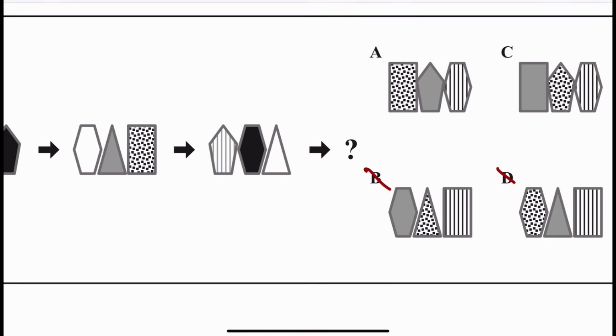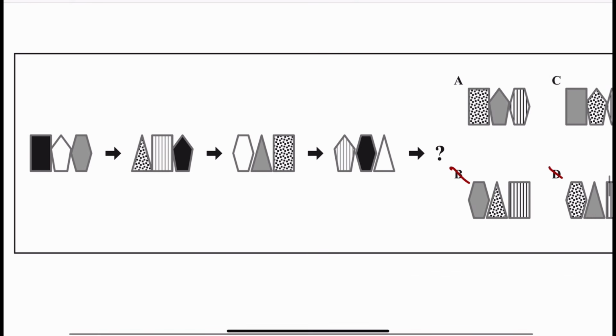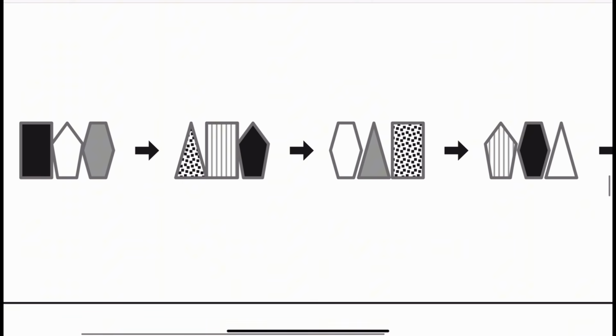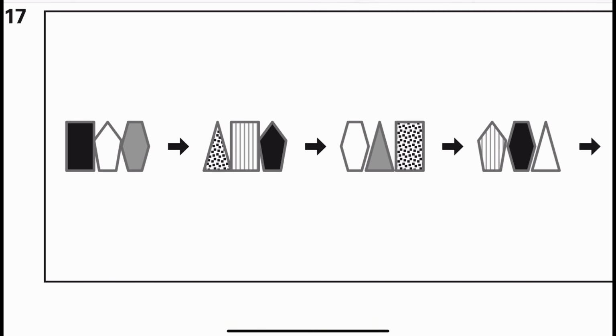Next, the final part was quite difficult to grasp for some people. So here we had to just recognize what could be the order of colors, like how are the colors changing? Well, I realized something: each first color here, the black one, becomes the last color in the next part of the pattern.